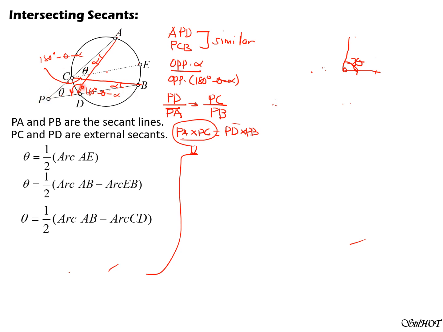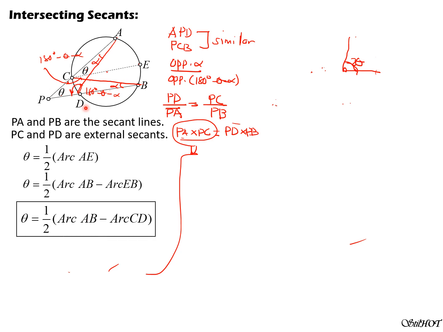So theta is 1/2 the difference of the subtended arcs, AEB and CD. Or in short, this arc occupies a certain angle minus this arc here, which also occupies a certain angle. 1/2 of their difference is the measure of theta. That's the meaning of that.